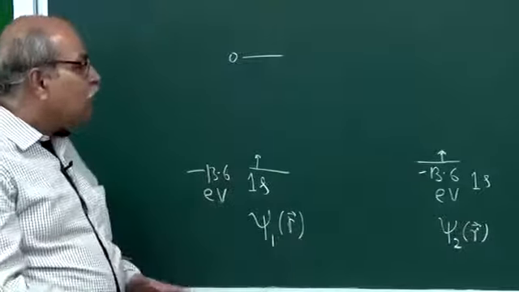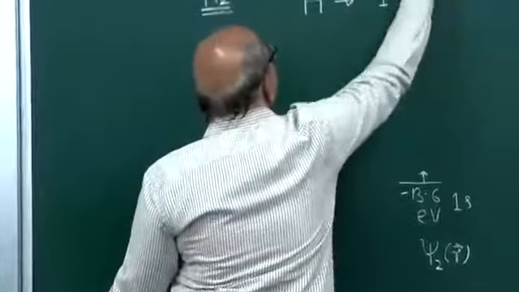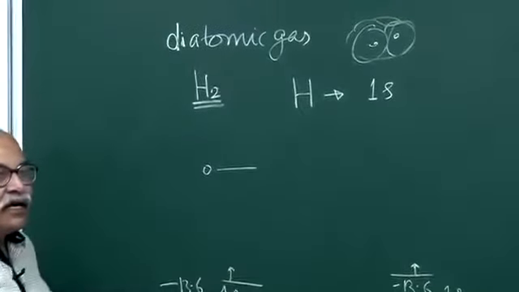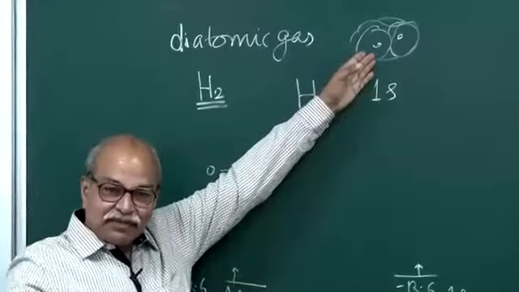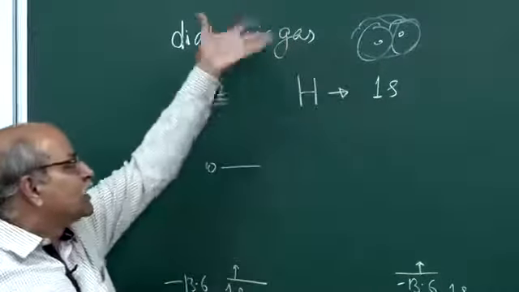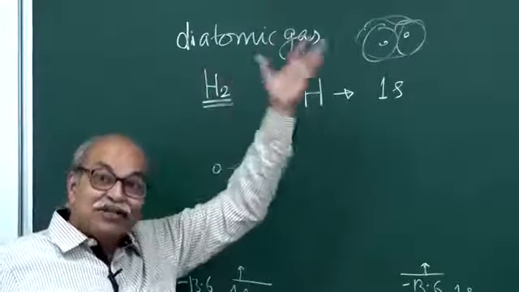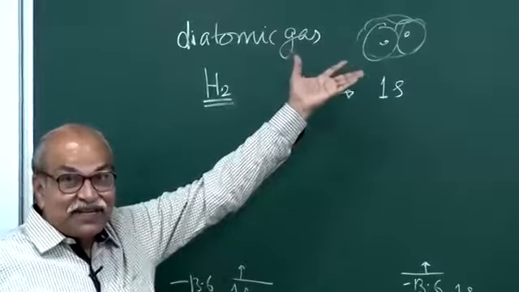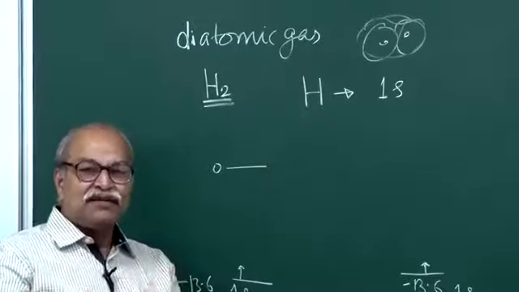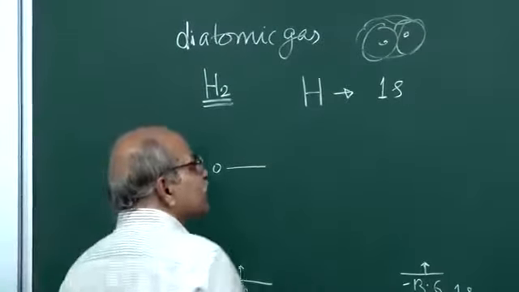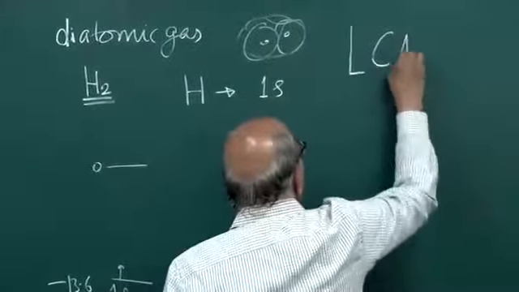Now when they come close and the two hydrogen atoms form a single system, how do I write the energy of this? There are mathematical procedures to solve the Schrödinger equation in this particular case, and an exact solution could be very, very difficult, but there are methods to get very nice results, and one is called LCAO.